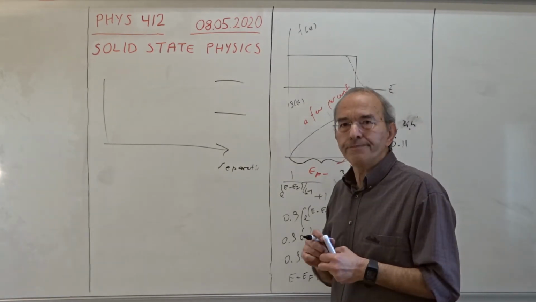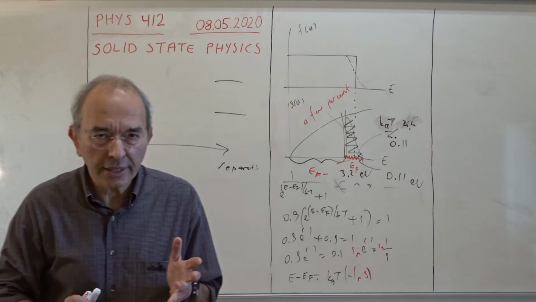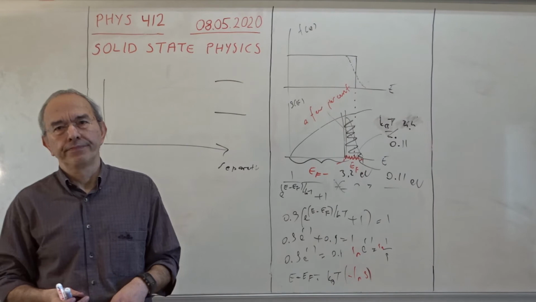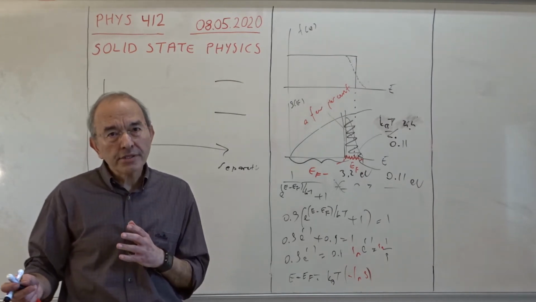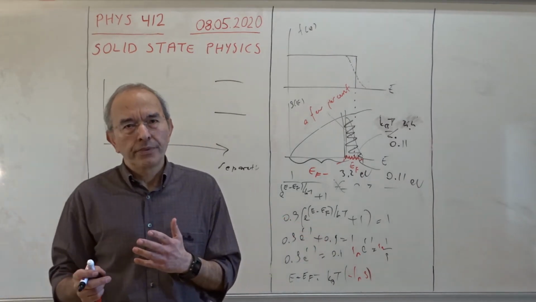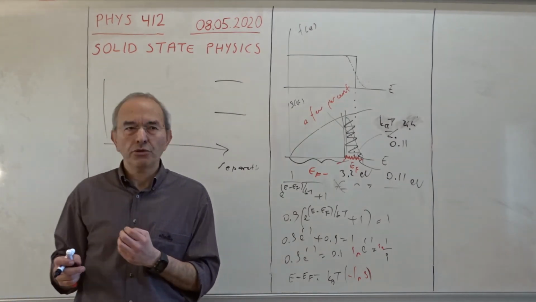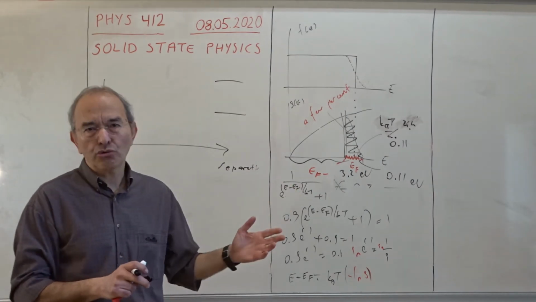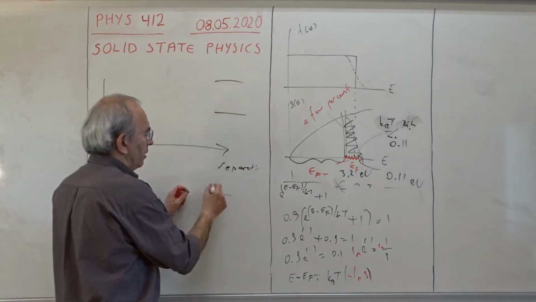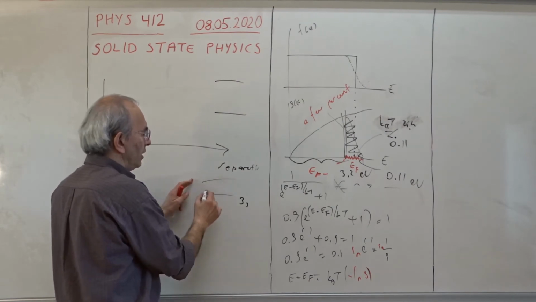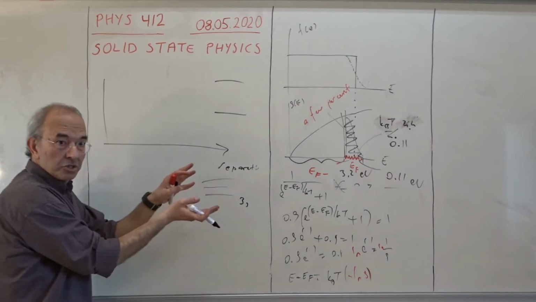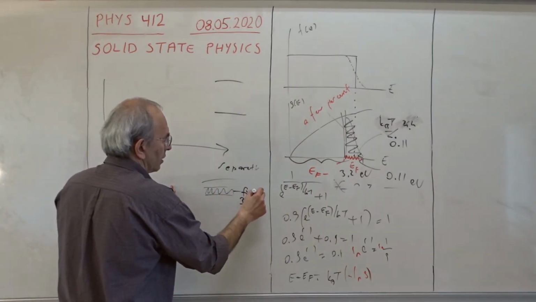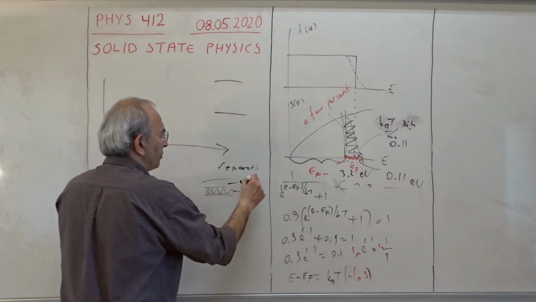Now let's talk about semiconductors. Band theory for the metals explains why some materials are good conductors and why some are bad conductors or even insulators. For a metal such as sodium, as we have seen, this was the 3s level, and after it split into a band, half of it was filled and half of it was empty.